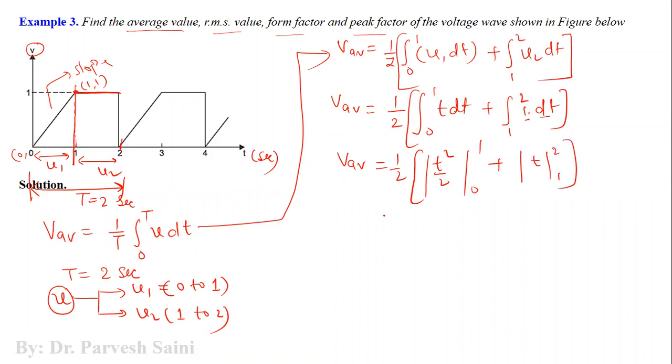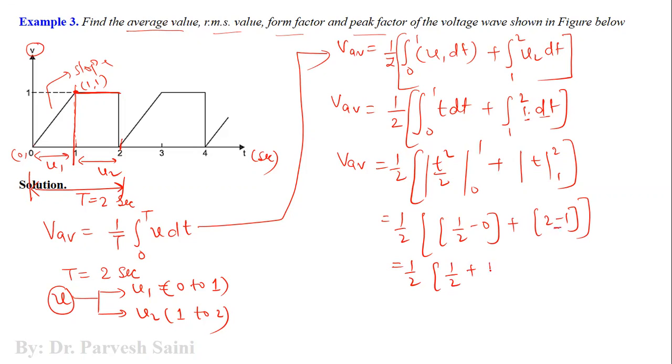On solving this, we have 1 by 2 into (1 by 2 minus 0 plus 2 minus 1). So this is 1 by 2 plus 1 here. So this would be 3 by 2, and then 3 by 4 volt. So this would be the average value in this particular case.